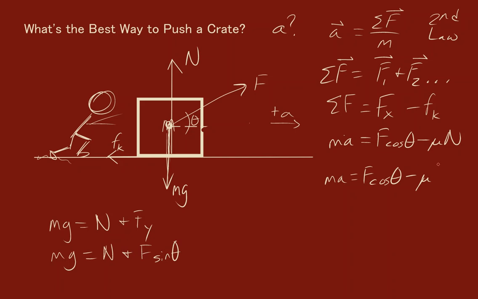So the normal, let me give me some more room over here, ma equals F cosine theta minus mu, and the normal we can rearrange. So normal here would be mg minus F sine theta.